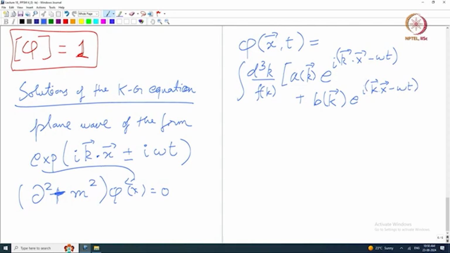Sorry, over here I put minus, so here it is a plus ωt. This is propagating in the other direction, versus propagating in one direction. Would you agree this is the most generic solution in terms of plane waves?